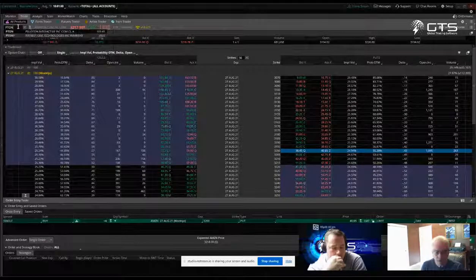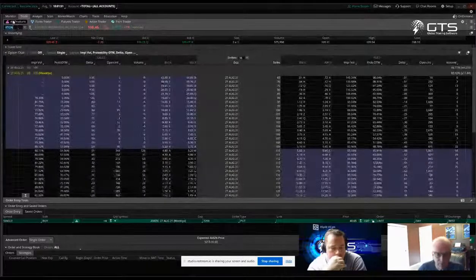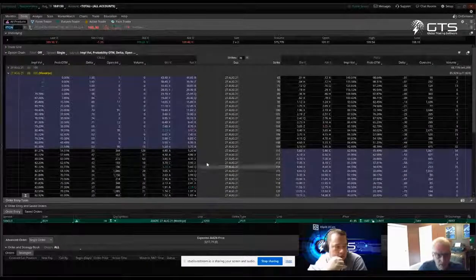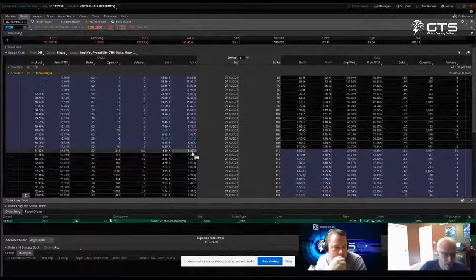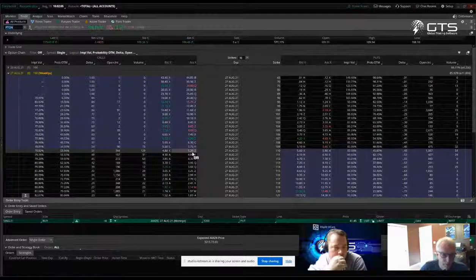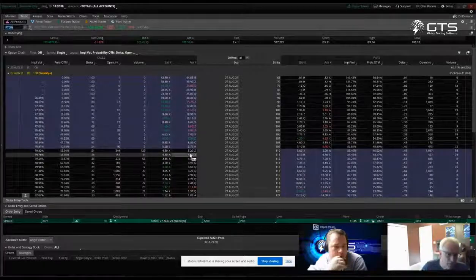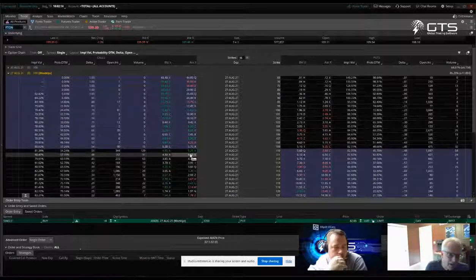Even with Piton, it moves around quite a bit, but I like trading it, and it's really good for people trading much smaller accounts. Like Amazon, you can make one of those trades, but it's going to cost you between $2,500 and $5,000, depending where the option is at the time.